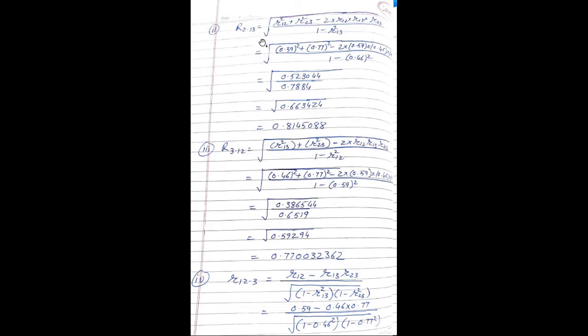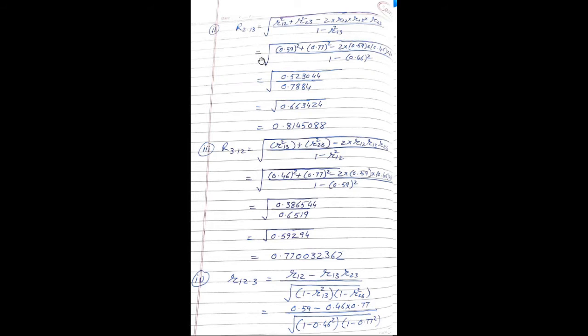The formula can be given as r square 12 plus r square 23 minus 2 into r12 into r13 into r23 divided by 1 minus r square 13. So substitute the values.